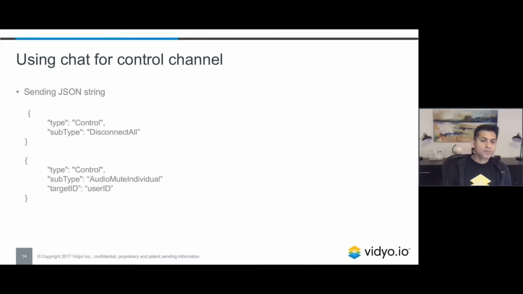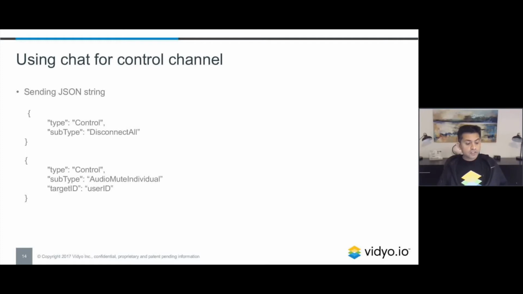Apart from just chat again, we could also use this for other control elements, right? So you could also use this to have your applications communicate with each other within the video room. You may have your own communication channel, but if you don't, you can always use this as a communication channel. In this case, what I've done is I defined a type called control, and the subtype is disconnect all.